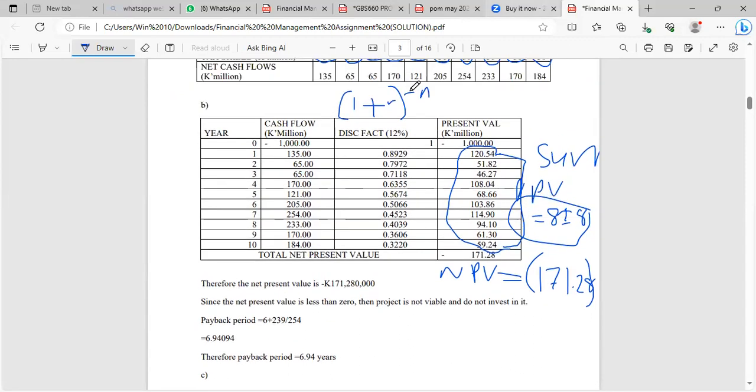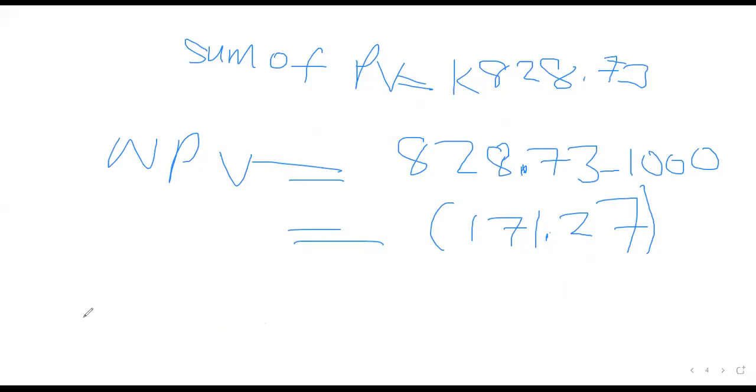Yes. That one there where they say since the net present value is less than 0, then the project is not viable. It's okay, right? Yes. Not viable means don't invest in it. So a not viable project means don't invest in it.